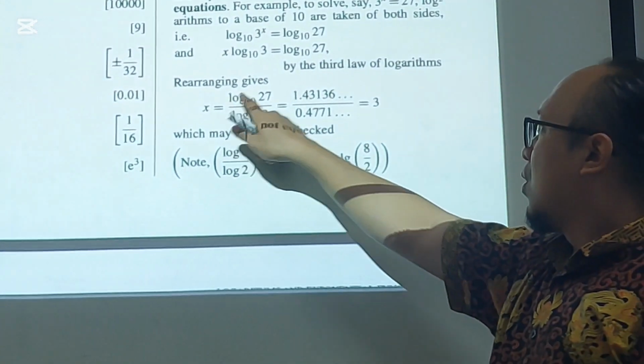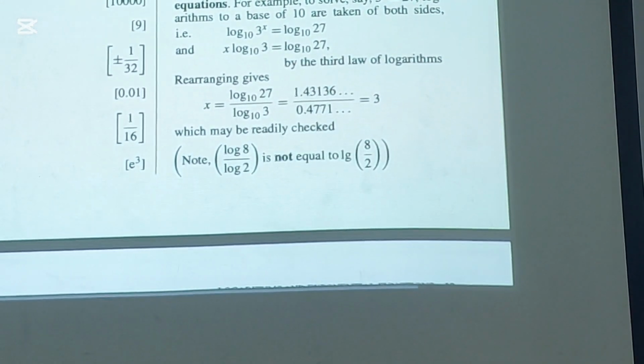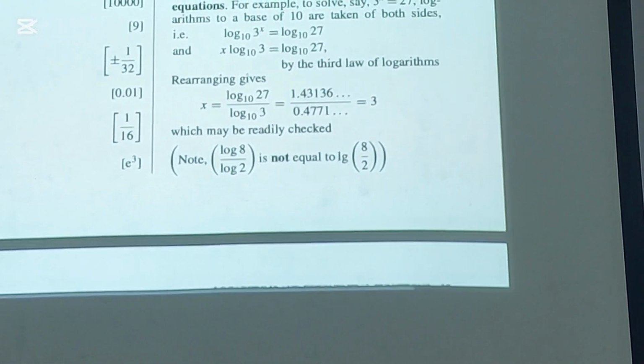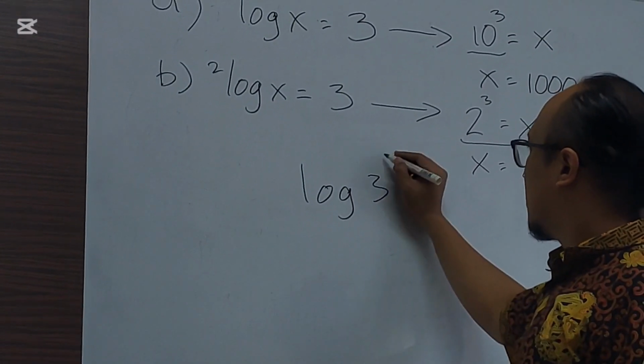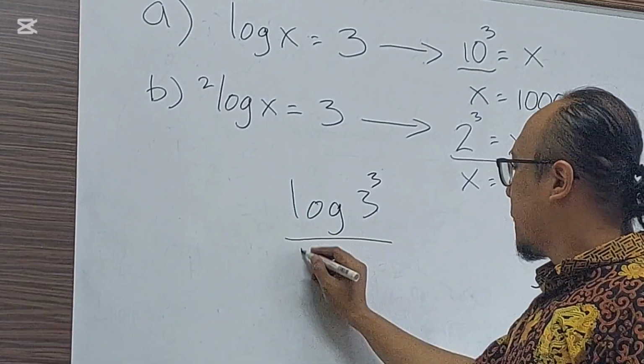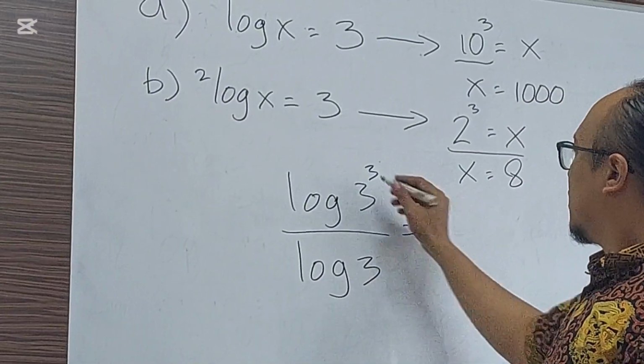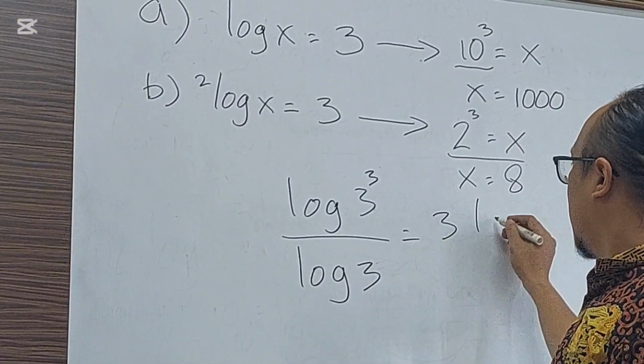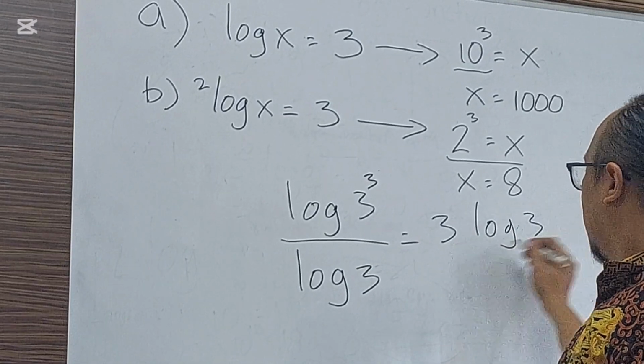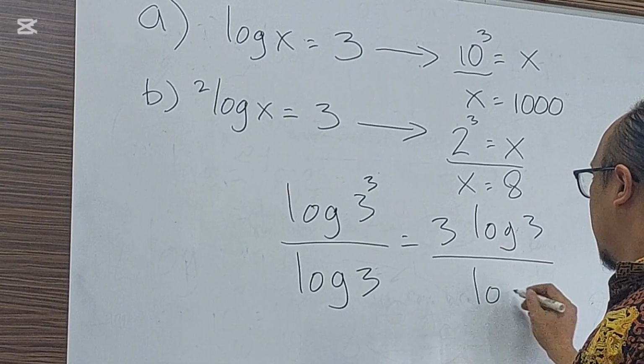So log 3 power by 3, you can change this into 3 log 3 divided by log 3.